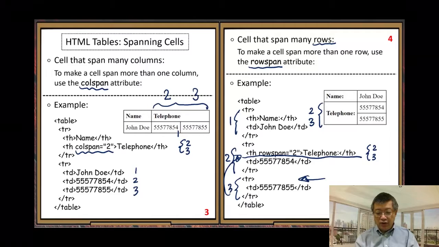The cell occupies row 2 and row 3. Then in your third row, you cannot use the space already occupied.